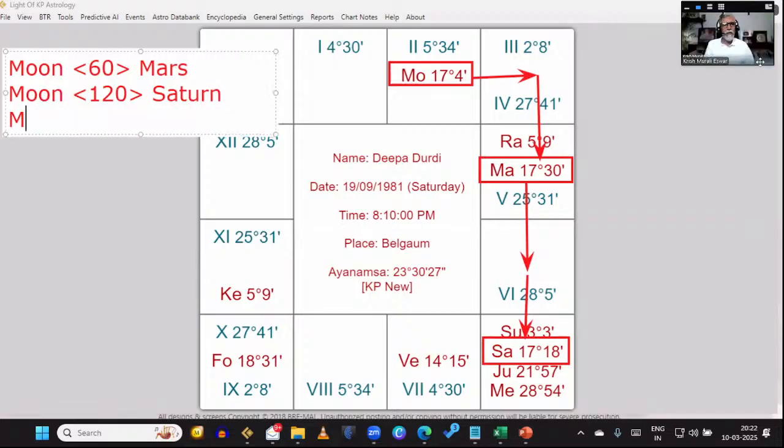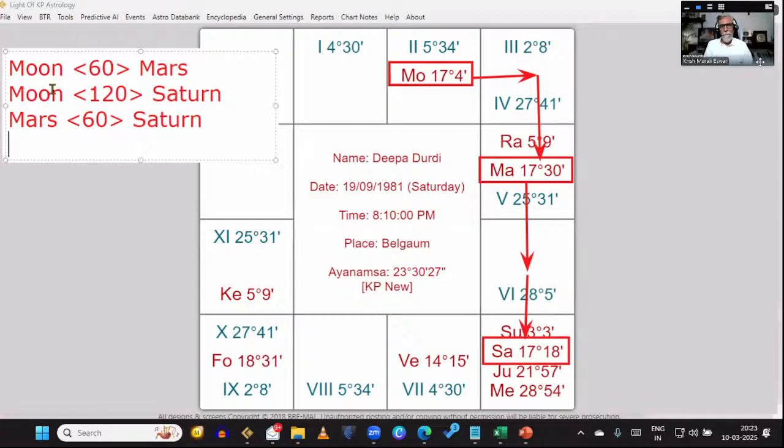Saturn, Mars, 60 degrees to Saturn. Clear? Why are you looking at Venus? I'm not talking about Venus. I only talked about Moon, Mars, and Saturn. Do you understand this calculation? Clear? Yes, sir. Now it's clear.